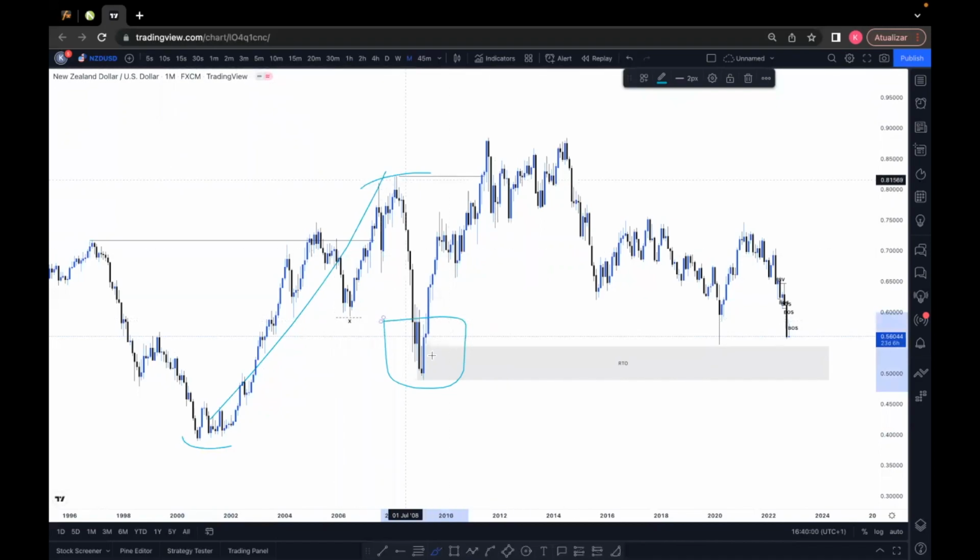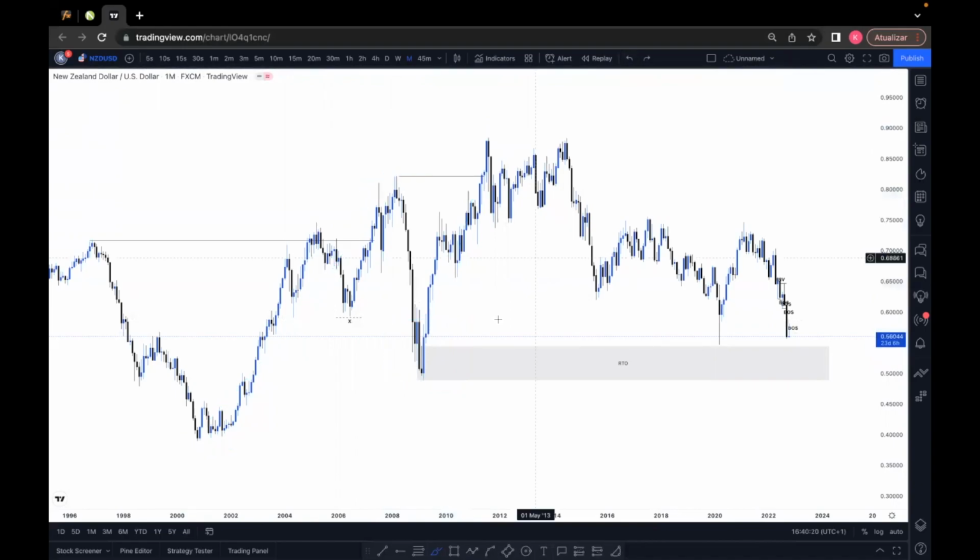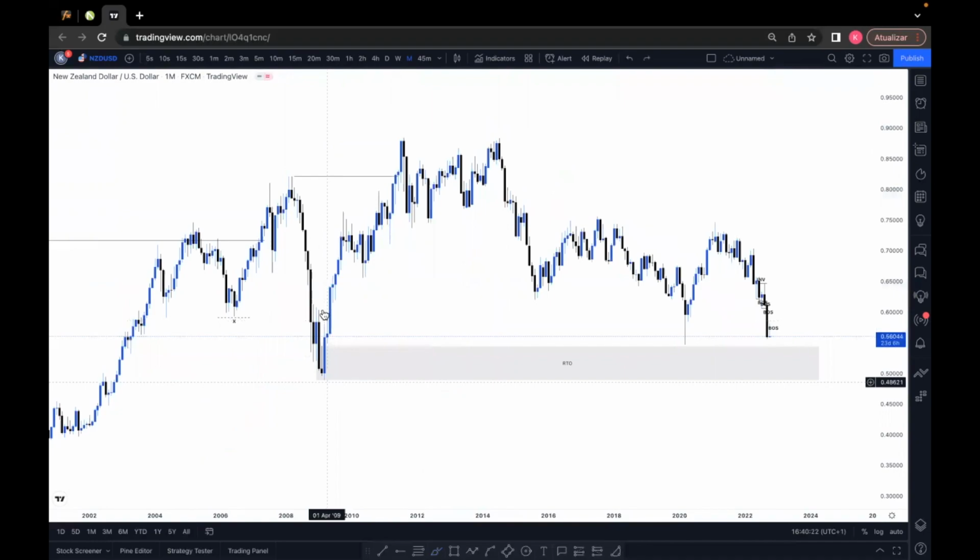So institutions sold to take out the previous low, then they had to buy immediately, because institutions don't use stop losses when they sell, which means the manipulation. They need to come down to close this sell position right here that was previously in drawdown. Let me remove the brush tool. We can clearly see we have this down candle before the up move that had this huge momentum, leaving imbalances.